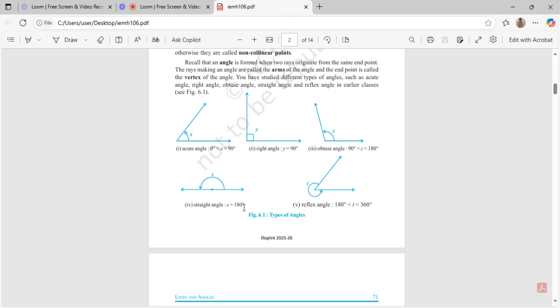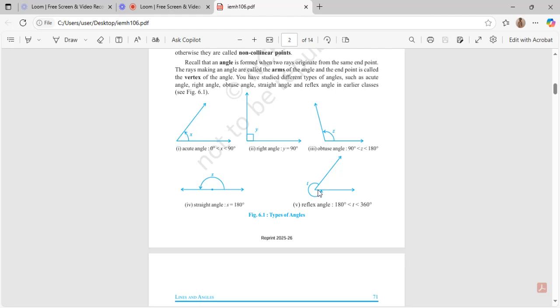And what do you mean by a reflex angle? A reflex angle is actually the remaining part of the complete turn. When we remove the angle from a full turn, we call it a reflex angle. First, we have an acute angle here, whose measure is marked as x.